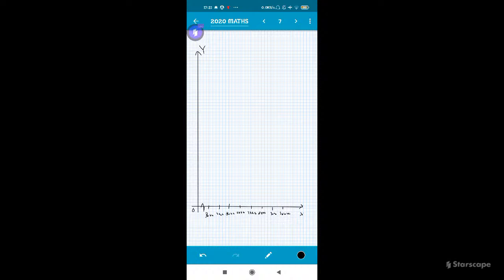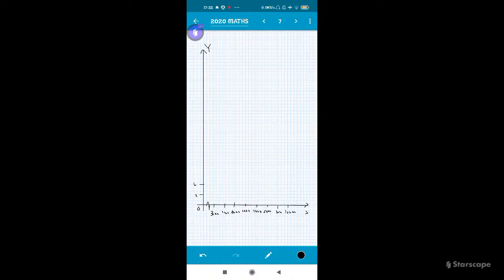Okay, my numbers don't even look like numbers, but I hope you can understand. That is 8. Please do consider my handwriting. It's difficult to write so small on this screen. 10, 12, 14, 16, 18 and 20.